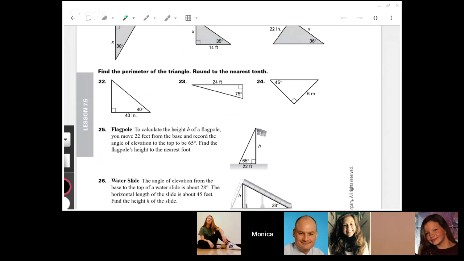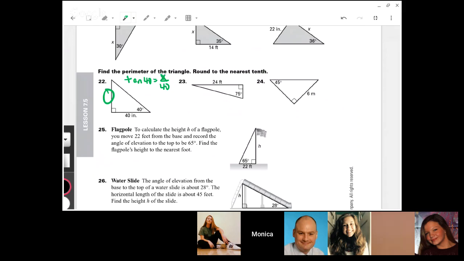Starts with a P. Yes, Isabel, Pythagorean theorem. So you're going to use the tangent. So tan 40 equals x over 40, okay? To solve for this side.